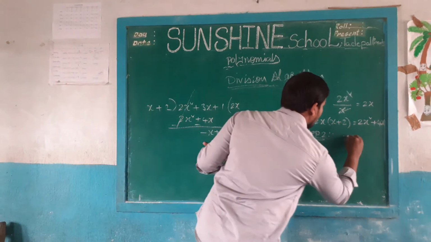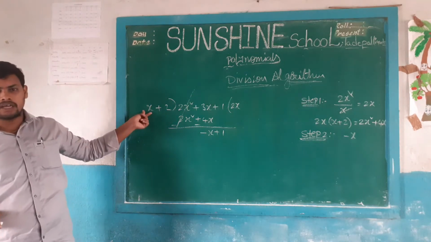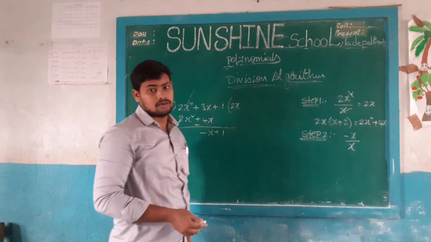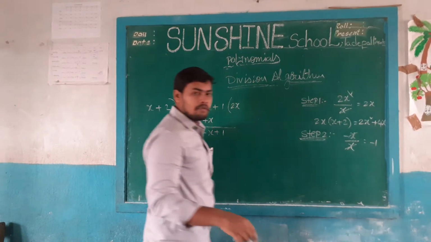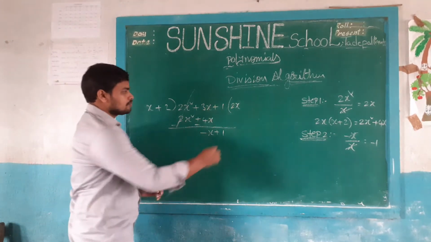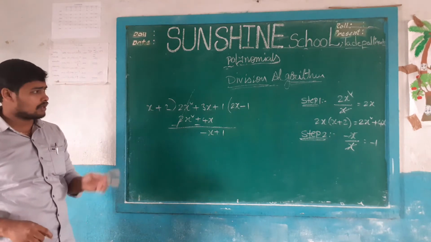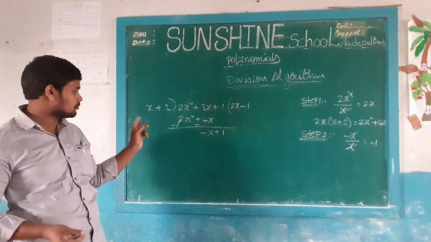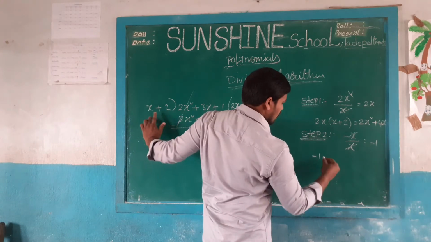And the same process: what is the value here? x. The x cancels, and the result is minus 1. Write down that minus 1 here. Next, you should multiply that one with g of x. So minus 1 into g of x, the value x plus 2.